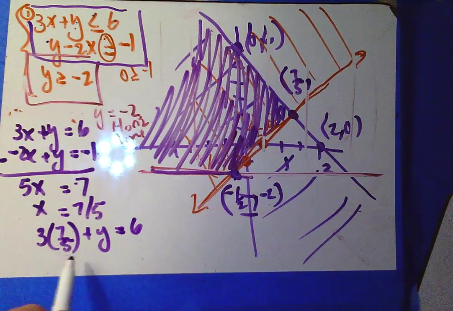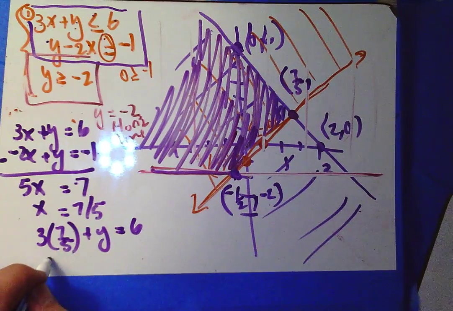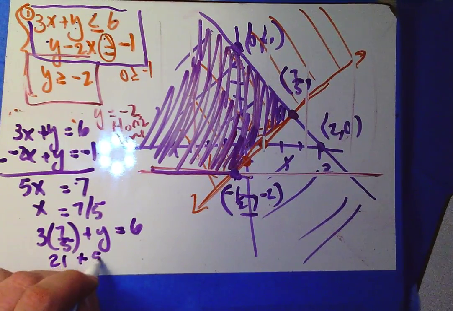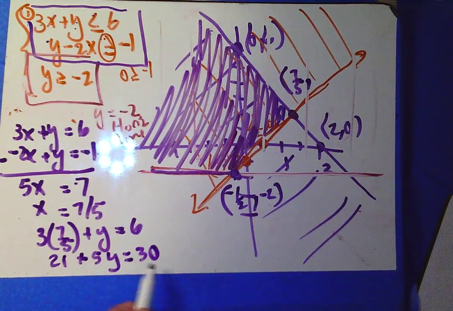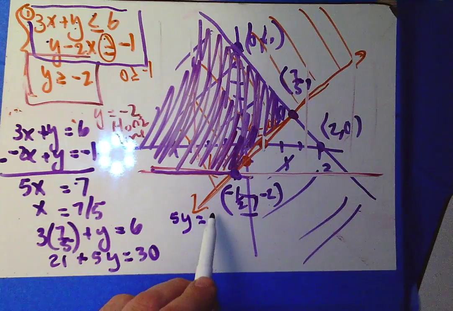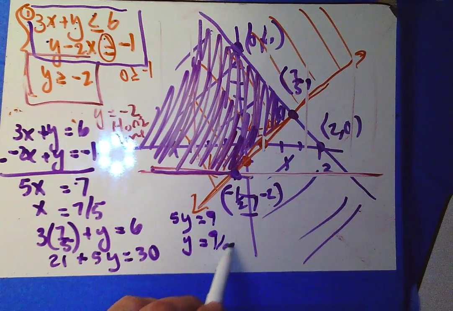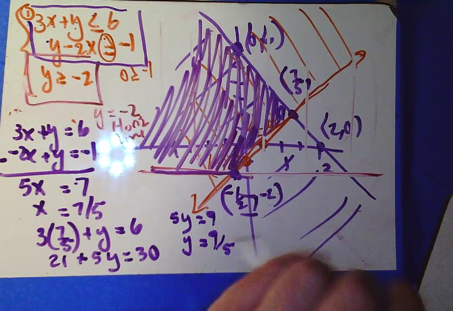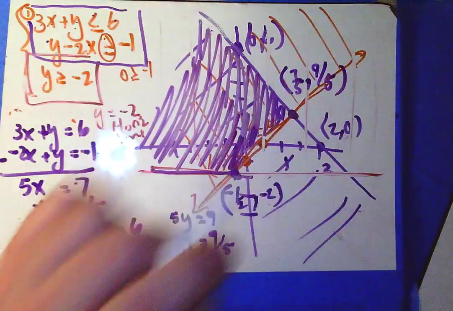Well, I'm going to multiply everything by 5 to clear out that fraction and get 21 plus 5y equals 30. I'll subtract 21 from both sides and get 5y equals 9, and so y equals 9/5. So my ordered pair here is 7/5, comma, 9/5.